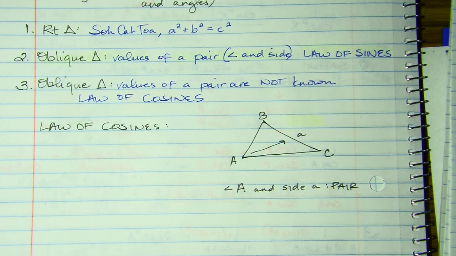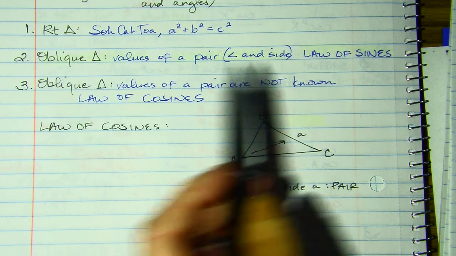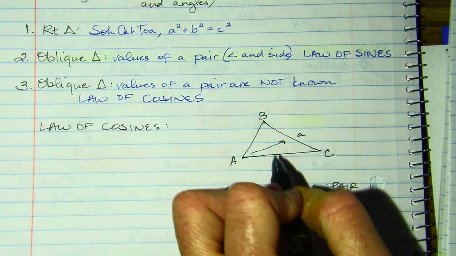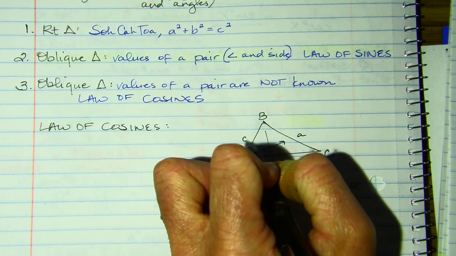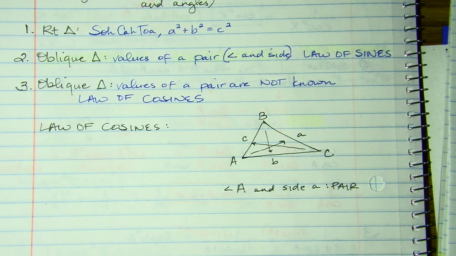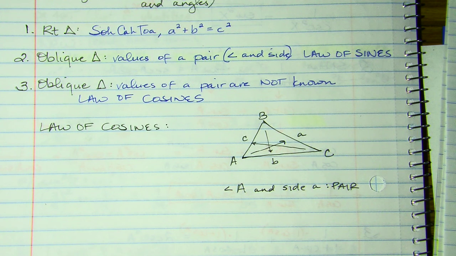So if I knew these two things, I could use the law of sines. That means side B would be across from B, and side C is across from angle C. So that's what they mean by a pair. If a pair is not known, then I have to use the law of cosines.